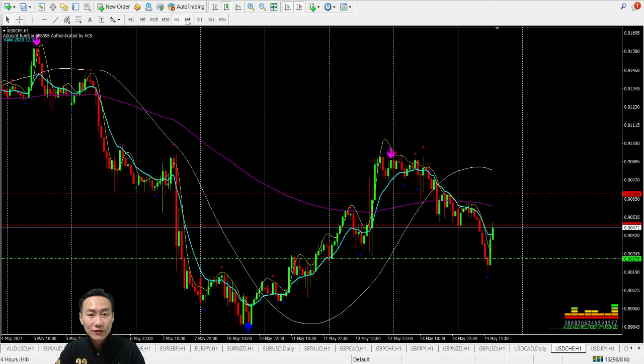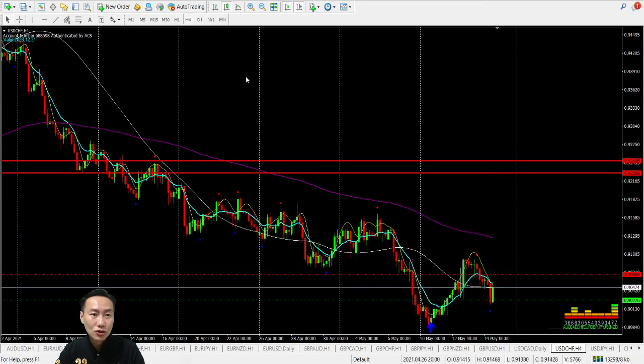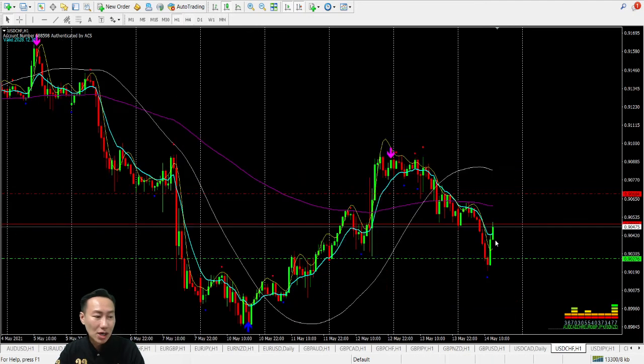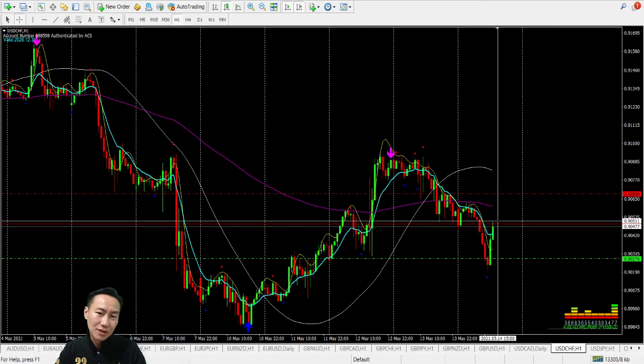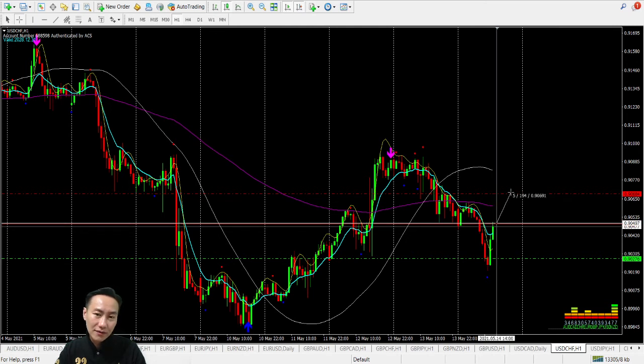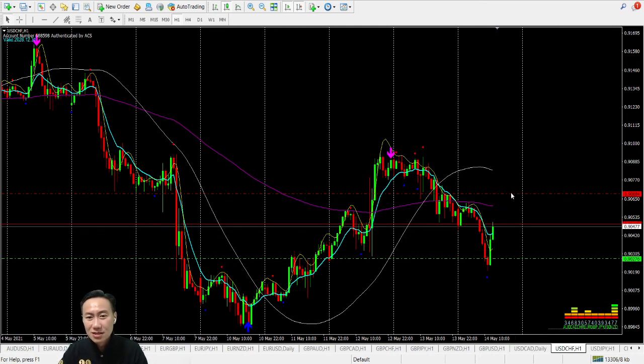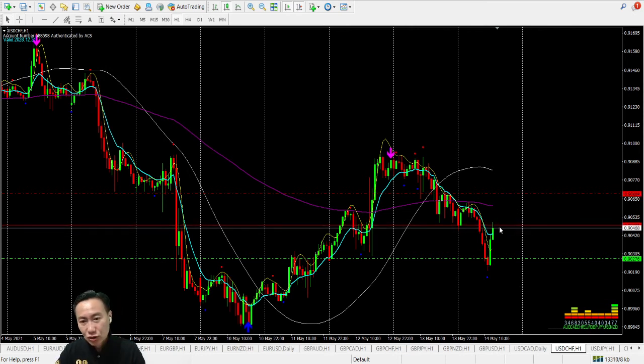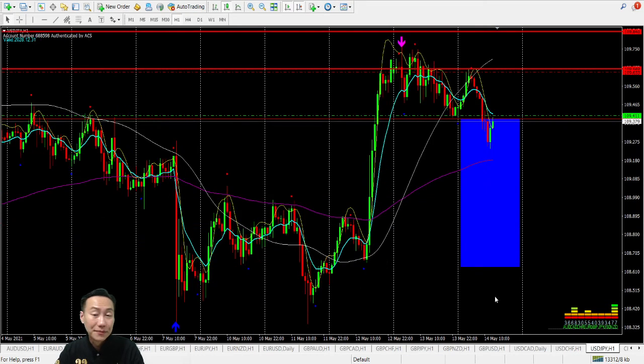But this 4 hours has been supported, so we are expecting it to go up further to meet the resistance level before it can continue the short again. So dollar franc, if you want to take a risk, you can do a buy. I think the space is too small to risk. It's improper, so no. We do not want that.